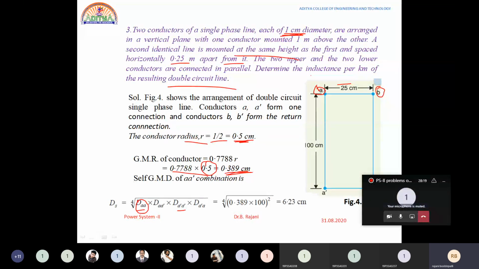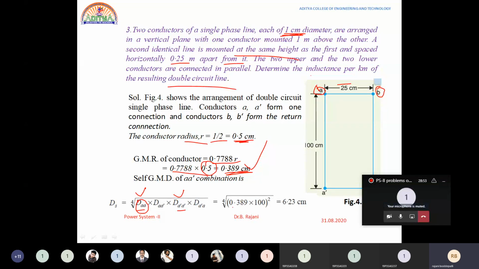Now it is A dash and A dash A. These are the combinations we have for the self GMD. We have derived this in the last class. This is the formula for self GMD: Ds equals the fourth root of DAA into DAA dash into DA dash A dash into DA dash A. That means the distance from A is the self GMR, 0.7788 R, which is 0.389 centimeters for DAA, and similarly for the others.